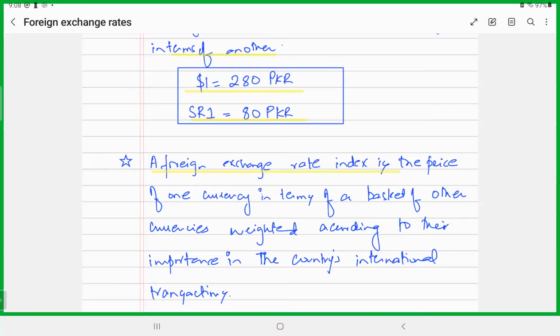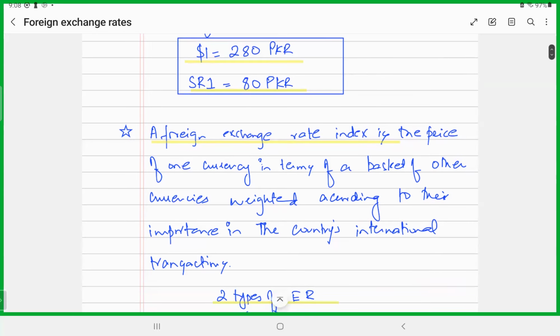We are talking about how much would Pakistani rupee be against Saudi Riyal, against dirham, against the pound sterling, against renminbi, against Riyal, against Euro, against Japanese yuan. So that's when we are talking about in terms of a basket of other currencies.